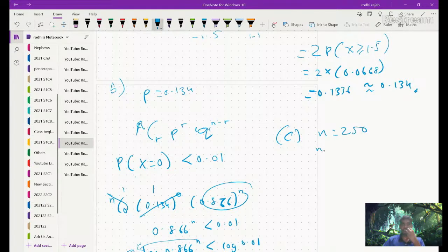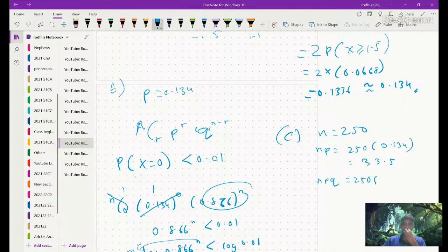Then find the mean, which is np. So 250 times our p, which is 0.134, and we would get 33.5.